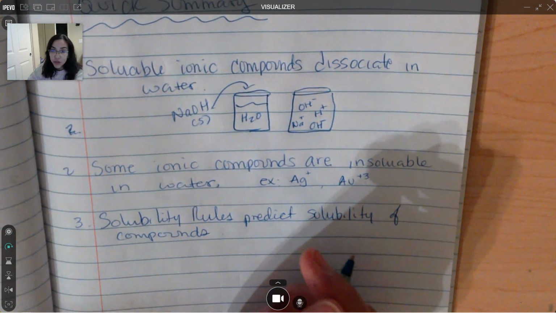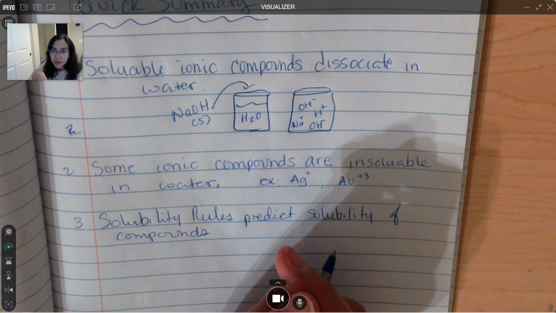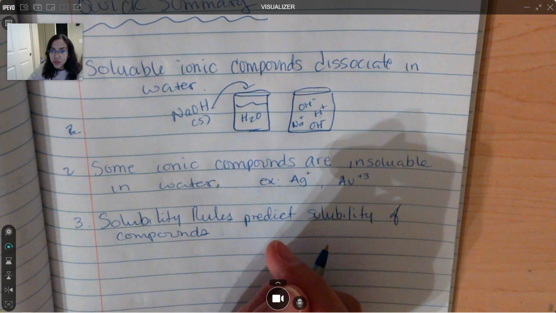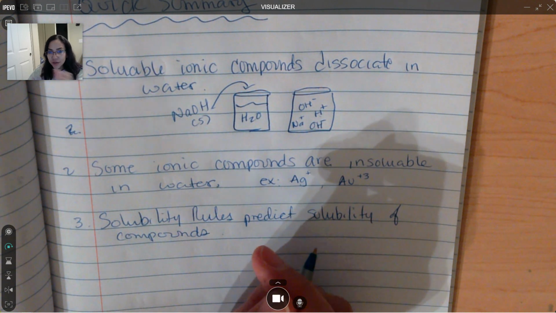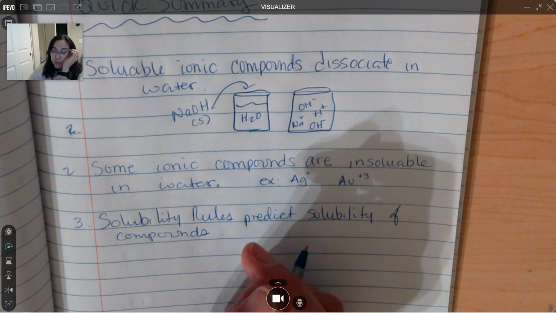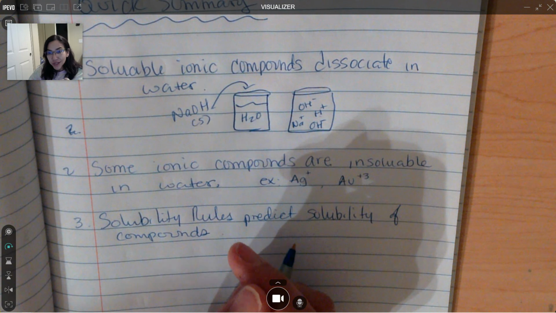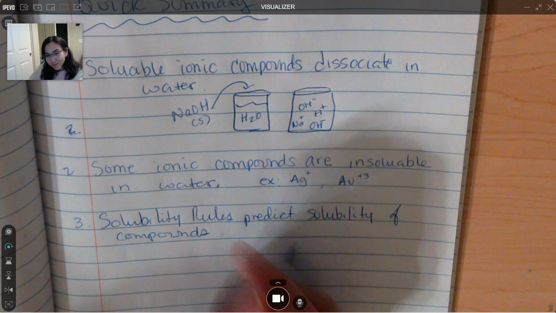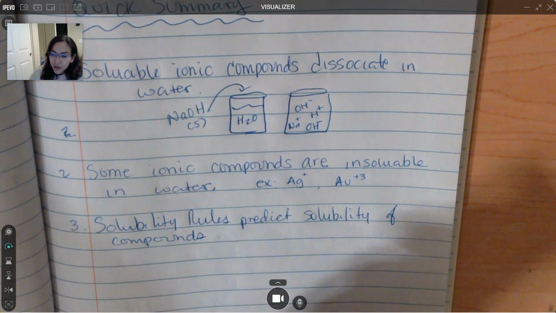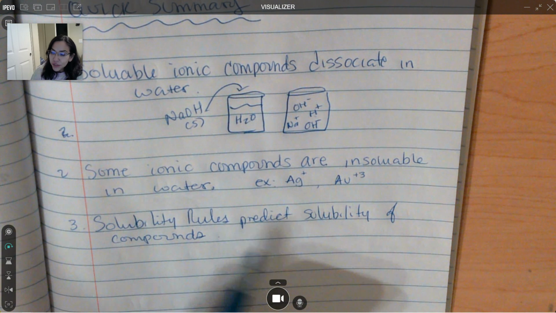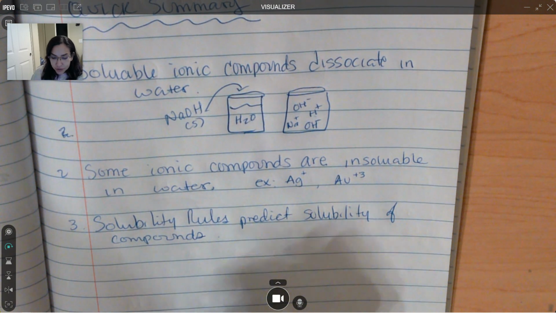They have a chart with all our solubility rules in them. Use that every single time that you're going to be taking a test. Print some of it out. Have a little flashcard of them. With solubility rules, there's only two things about it. You're either going to look at a chart or you're going to memorize them. That's it.